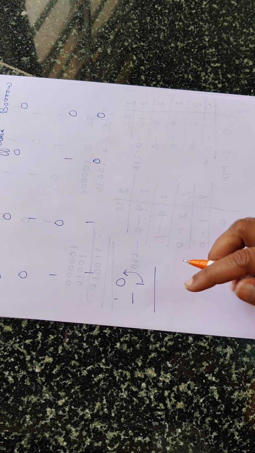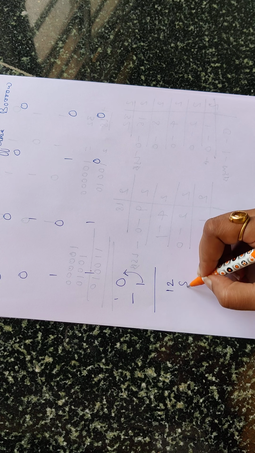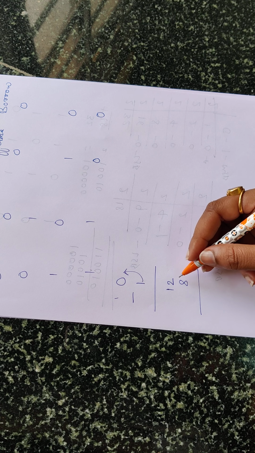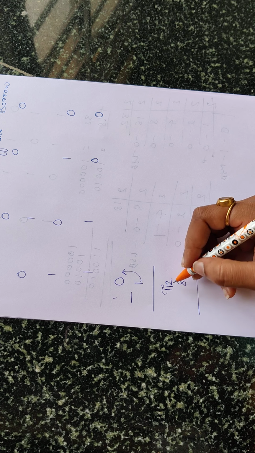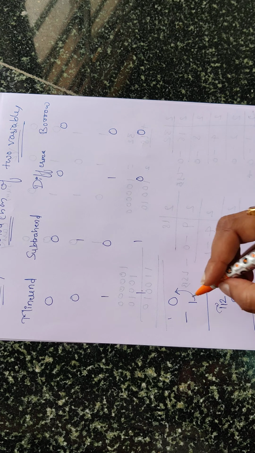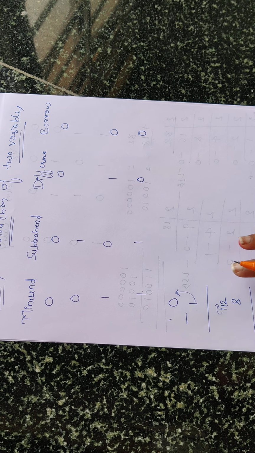We always know that if you are subtracting, say there is a value like 12 and 8. Is it possible to subtract 8 from 2? No. Then what do we do? We take one borrow from the left side, so it becomes 12. Now we try to subtract 8 from 12. Similarly, when it is not possible to subtract 1 from 0, we take one borrow from the left side.